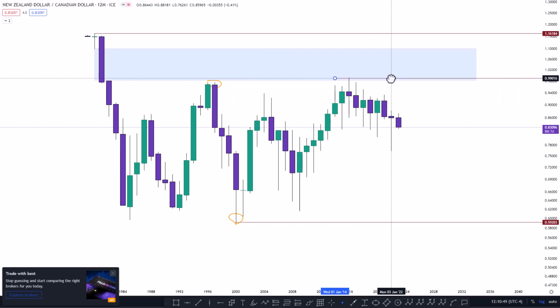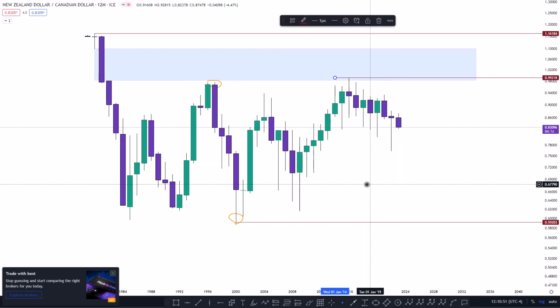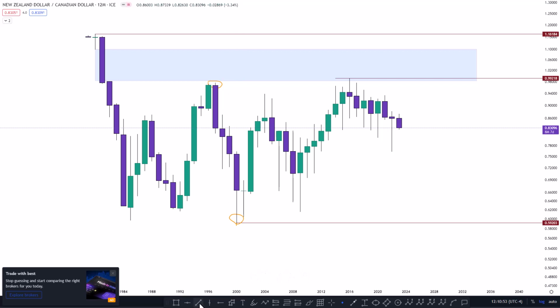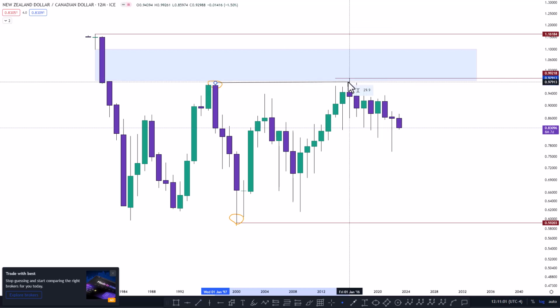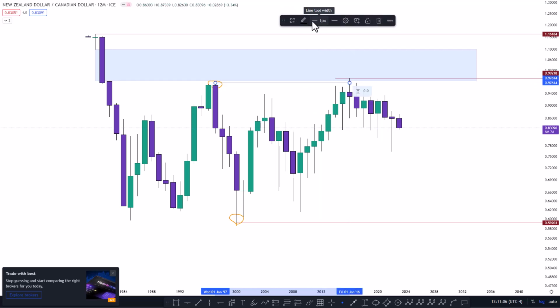Everything else is a break of structure right here. This is a break of structure, a signal that the market is willing to come back here.